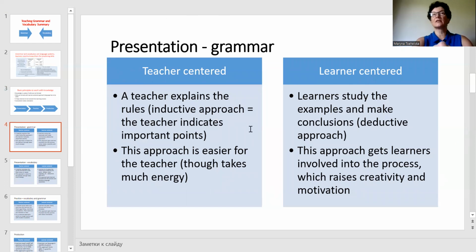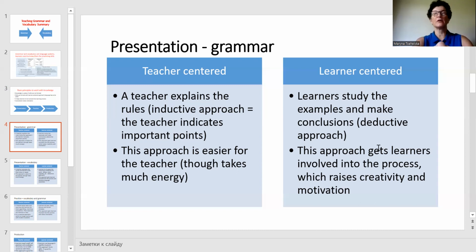In a teacher-centered approach, the teacher explains, and it is much easier for the teacher. However, it takes lots of energy. In a learner-centered approach, learners study the examples. This is the deductive approach, and they try to draw the conclusion out of what they have seen.